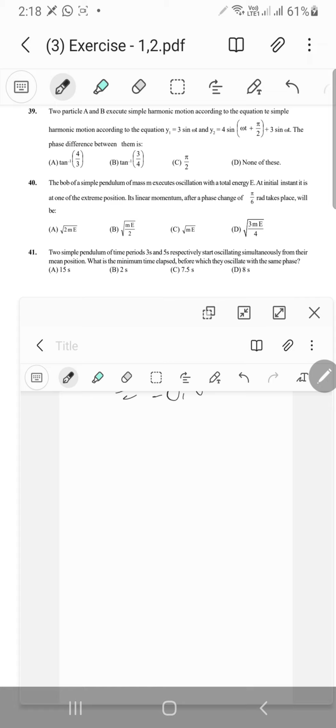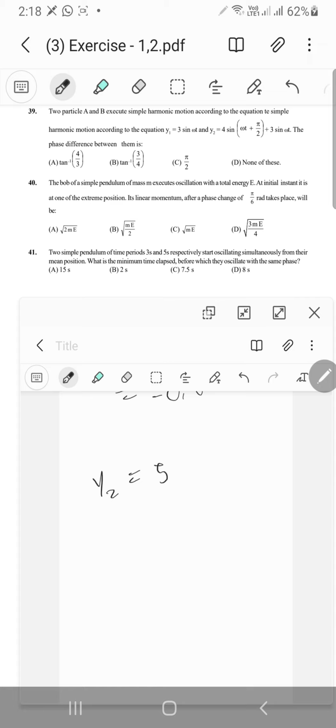y1 equals this thing, y2 equals this thing. The phase difference between them is, okay, phase difference, fine. So y1 is 3 sine of omega t, y2 though, phase difference, does this look weird for some reason? It's gonna be like 5.